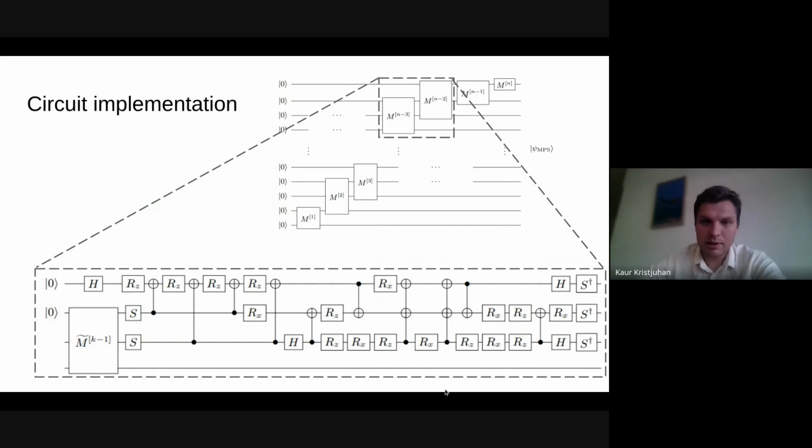It's specifically implementing one of these. What it means is that it's taking advantage of two features. The first feature is that you have this incoming 0 state. If you know that one of the qubits is going to be in the state 0, then you can have a simplified operator, which would do something completely different on this.